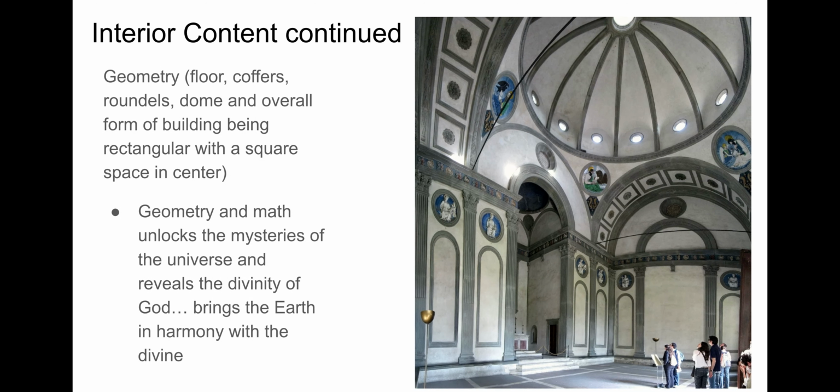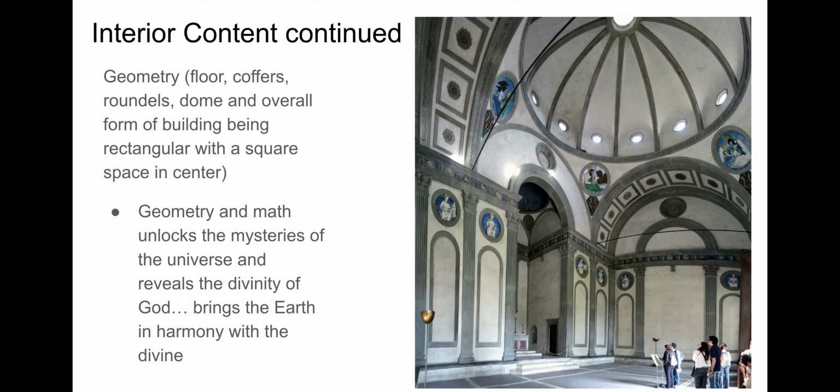and mathematics, when you're using that inside a religious space, you want to talk about in an essay how that use in architecture is revealing the divinity of God, that divine nature of the heavens, and it's connecting you to that here on earth.